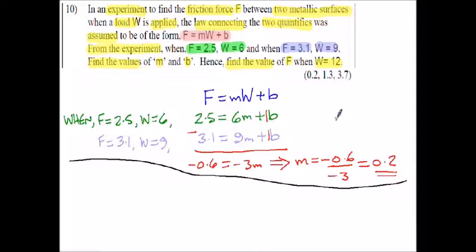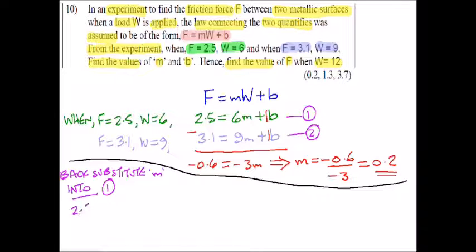So now to find the value of b, I need to back substitute. And I'm going to give these equations labels just to make it easier to reference. So I'm going to back substitute m into equation 1. So 2.5 is now equal to 6 multiplied by the m, and we just found the m is 0.2, and we add to that the b.